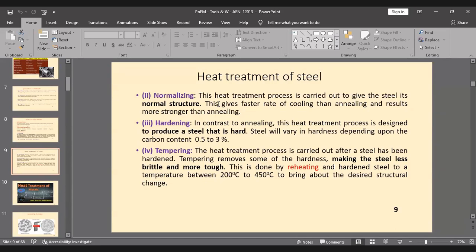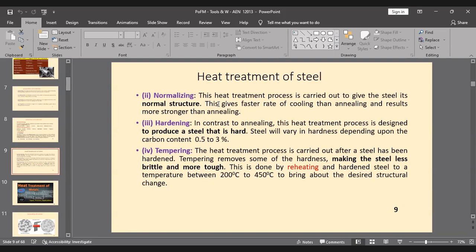So we can make it. There are two different lines available for making different types of metal alloys and metals with different hardness.